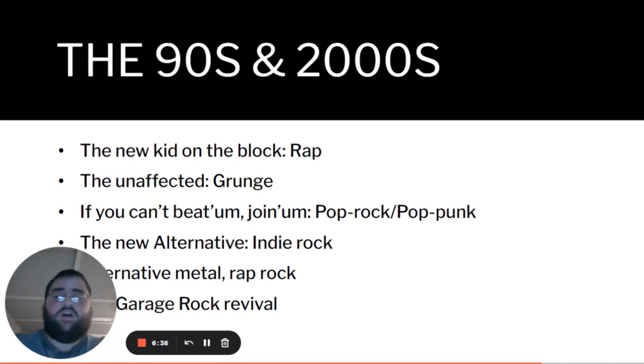In the 70s and 80s, indie rock and alternative rock were generally classified as the same thing. Now, the new kid on the scene, rap, decided to mix with rock to make alternative metal or rap rock. And the 90s and the 2000s especially came with the garage rock revival, where more bands in the 2000s especially came through with the rocking in the garage style.